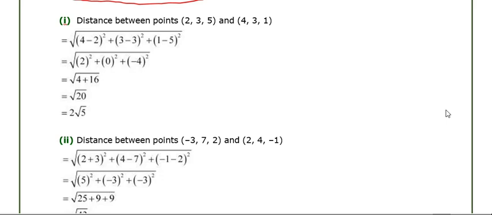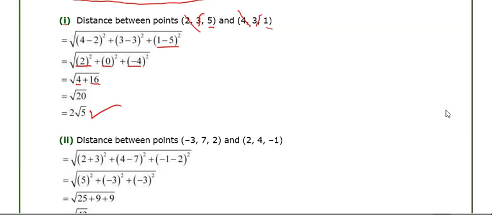So take (4 minus 2) square plus (3 minus 3) square, the difference of the y coordinate, and finally the difference of the z coordinate, (5 minus 1) or (1 minus 5) square. So 4 minus 2 is 2, then 0, and here I will get minus 4 square. So 2 square is 4, 0 square is 0, 4 square is 16. So the answer is 2 under root 5.